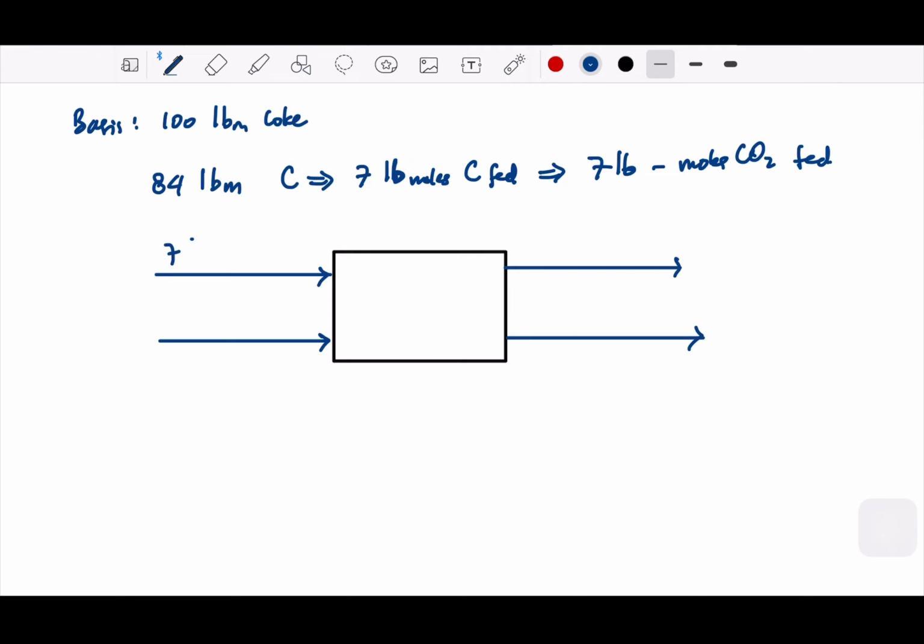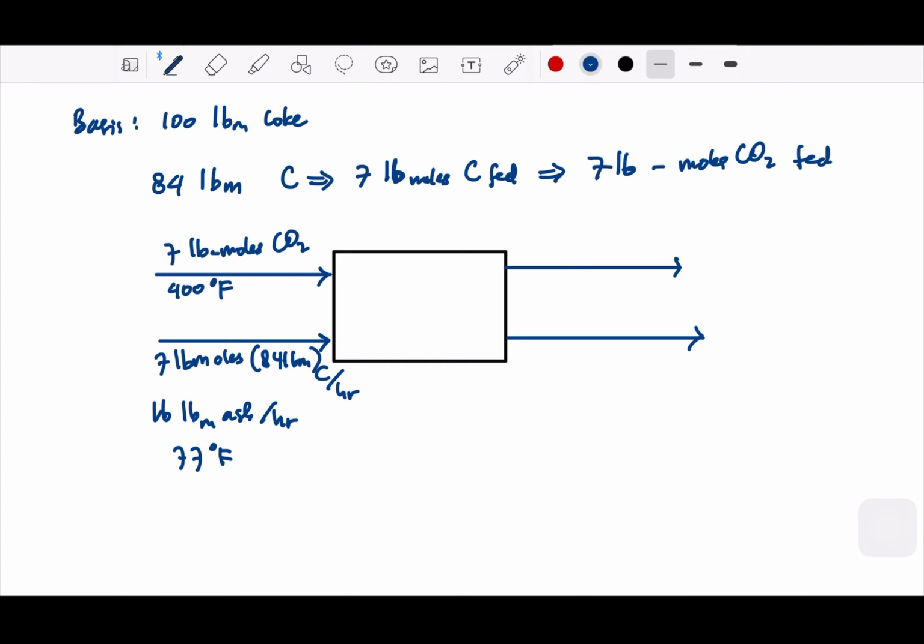So 7 lb moles CO2 at 400 Fahrenheit, and then 7 lb moles C, that is from 84 lbm carbon per hour, and 16 lbm ash per hour at 77 degrees Fahrenheit.